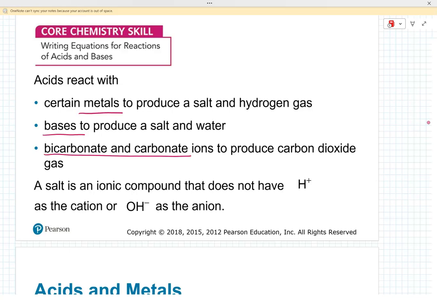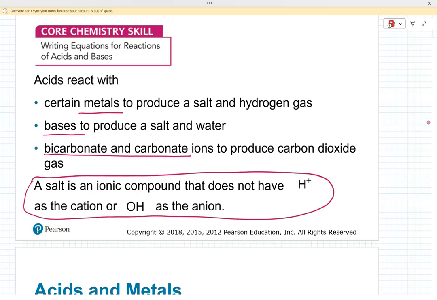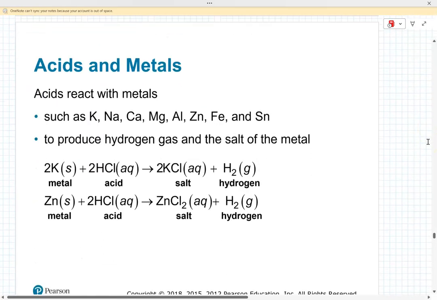Does that make sense to you? The definition of salt should be placed on one of the following slides. So first of all, we're going to chat about the reactions of acids with metals.